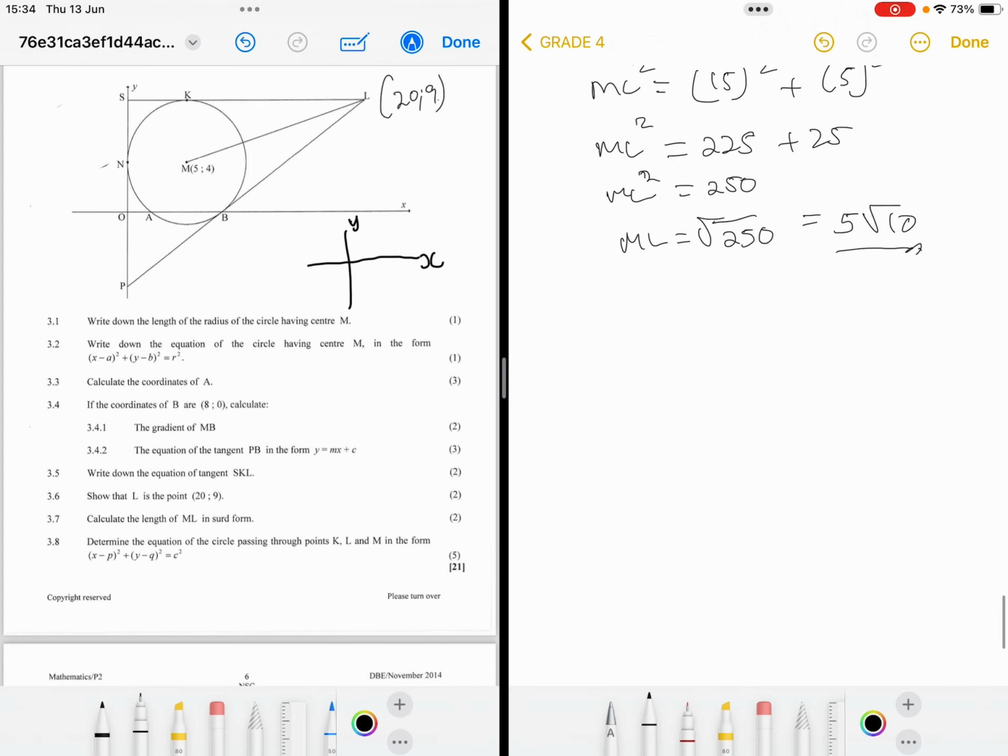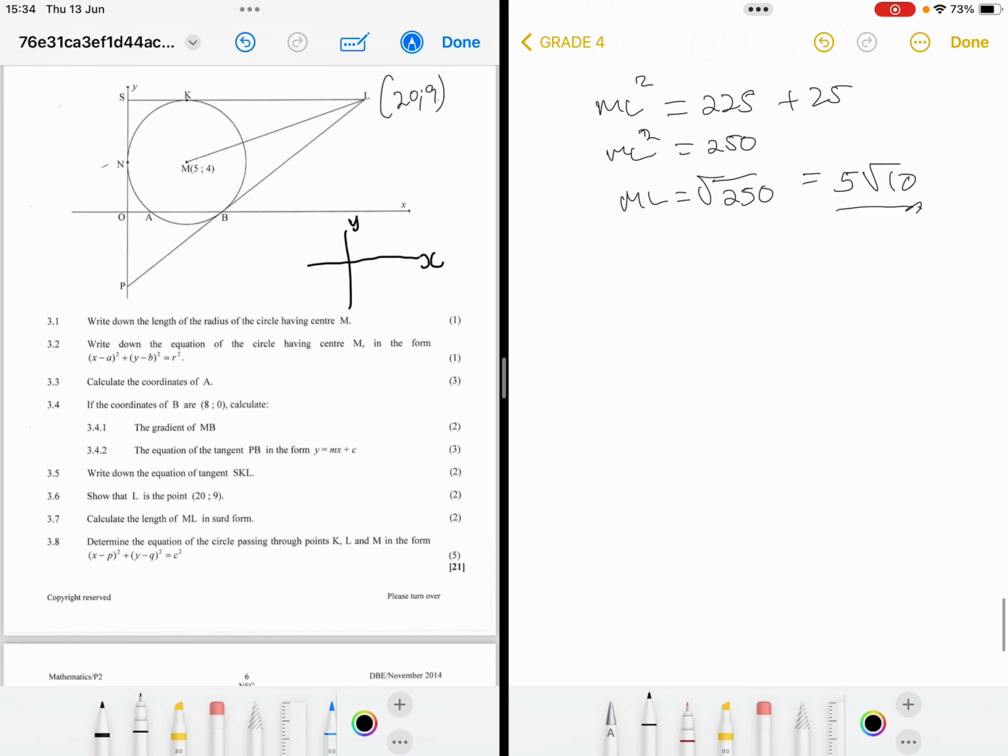So now look at question 3.8. Determine the equation of a circle passing through K, L and M in the form of x minus p squared plus y minus q squared is equal to c squared.